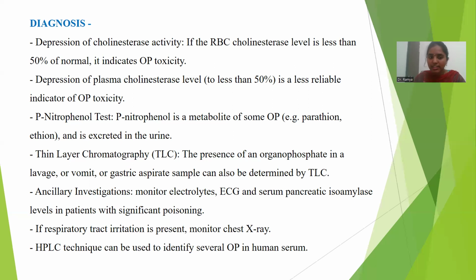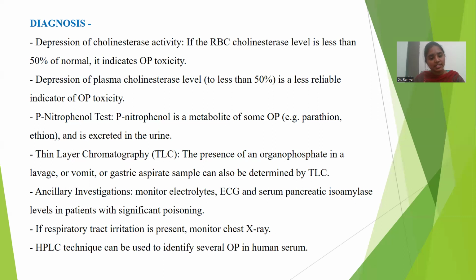Next, other investigations are ancillary investigations. In that, we have to monitor electrolytes, ECG, and serum pancreatic isoamylase levels in patients with significant poisoning. If respiratory tract irritation is present, we should monitor chest X-ray.